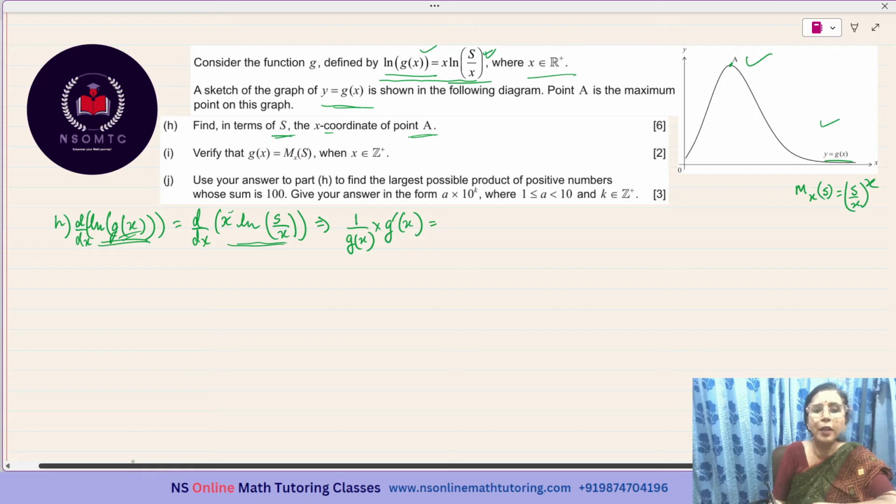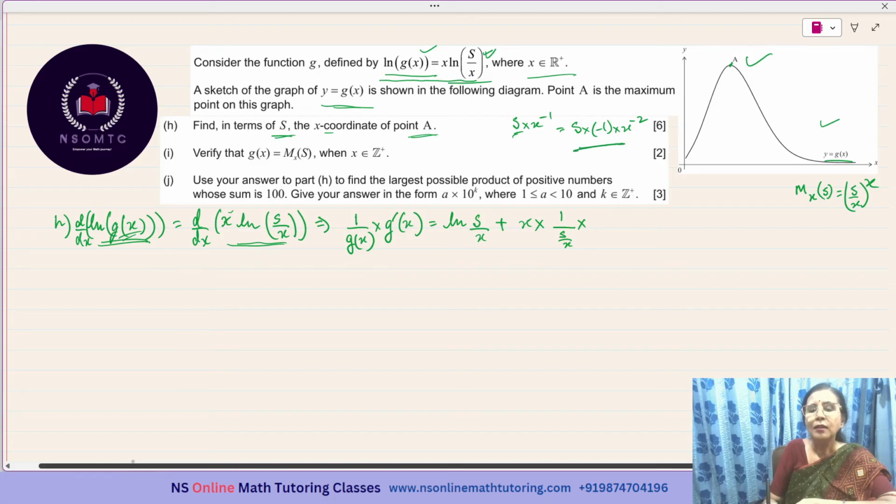First I am differentiating the x with respect to x, which is 1. So I am getting ln of s over x plus x times 1 over s over x times the derivative of s over x. s is a positive real number, so I can write s over x as s times x to the power of negative 1. s is the coefficient, and the negative 1 comes down, so it is minus 1 times x to the power of minus 2.